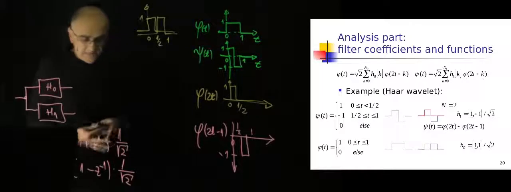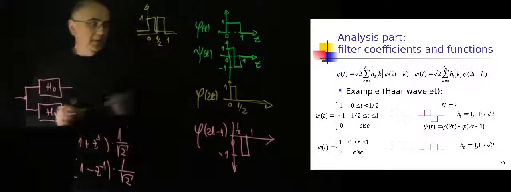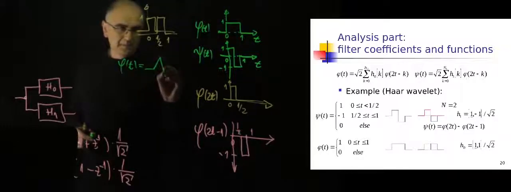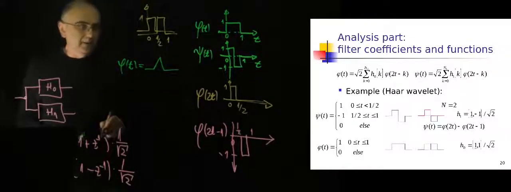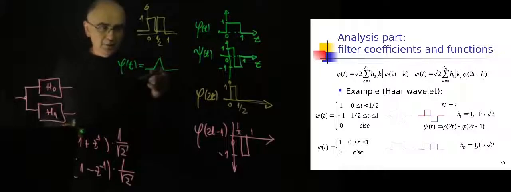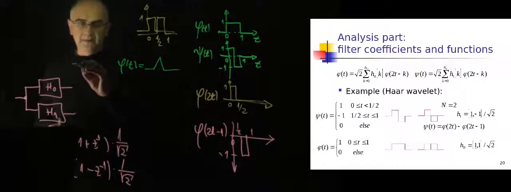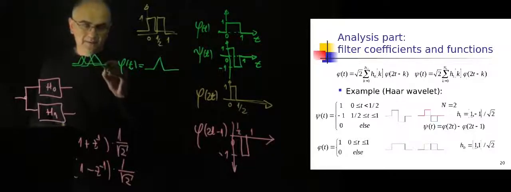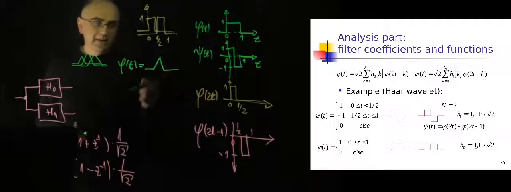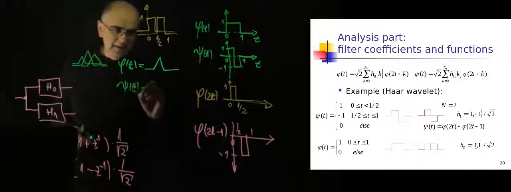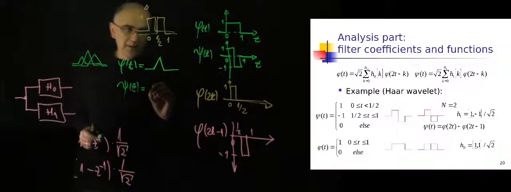Some of the examples are that if we have such a scale function, like a triangle, we can construct that triangle from its double speed copies, something like this, plus this, plus this, all together gives this, and the associated wavelet function looks like this.